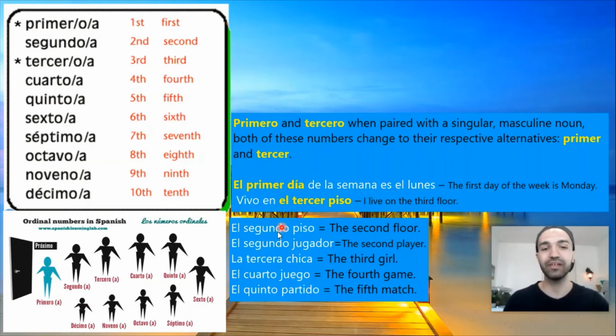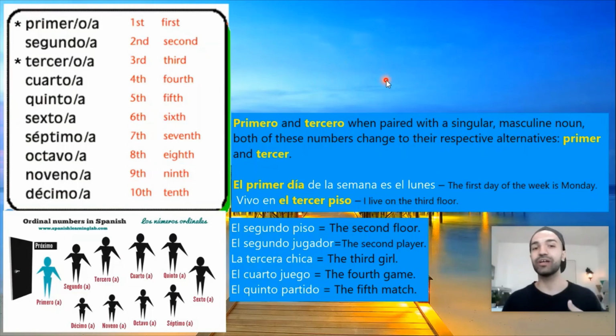Another example, vivo en el tercer piso. I live on the third floor. Here we don't say vivo en el tercero piso because piso is a singular masculine noun. So before a singular masculine noun, primero will become primer, tercero will become tercer. But if I want to say, for example, I arrive first, here I say primero.